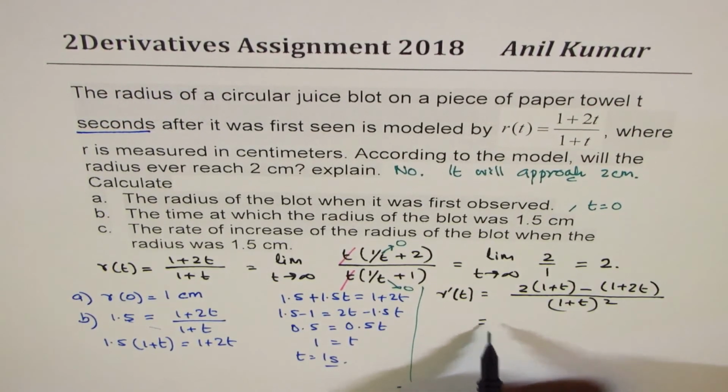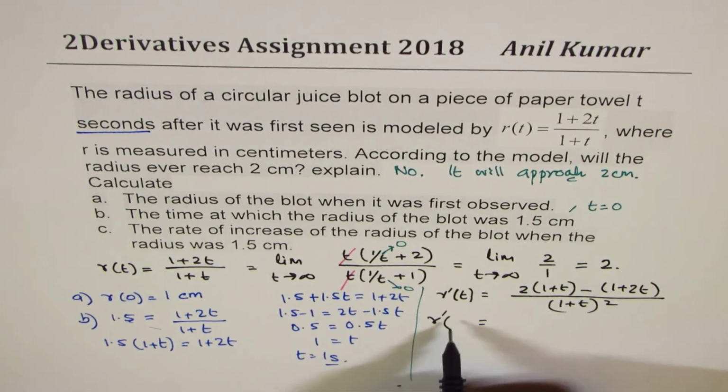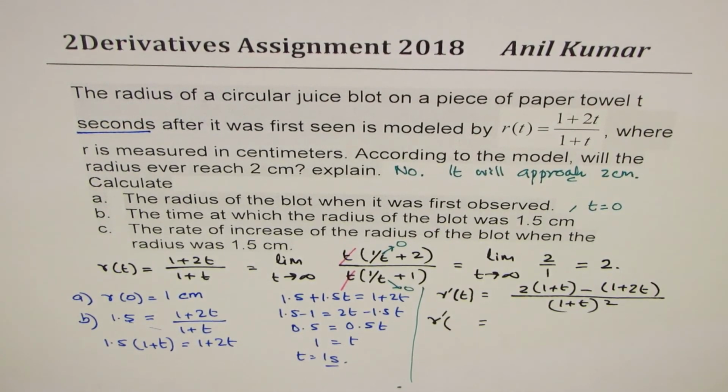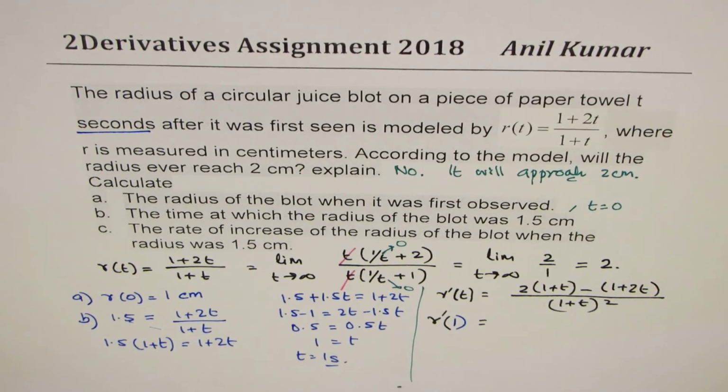You could solve this further, or just substitute for the rate of change at t equals 1. So I'll substitute 1 here and calculate.